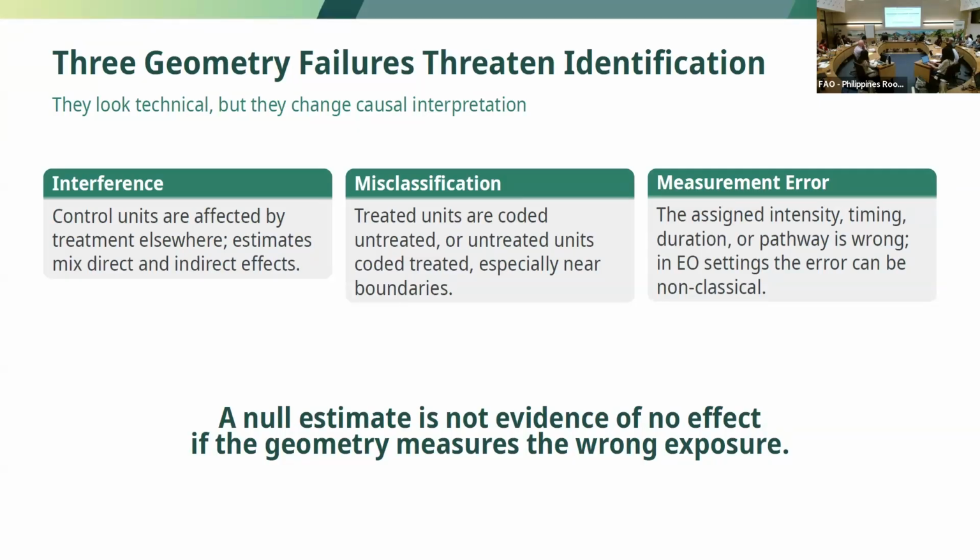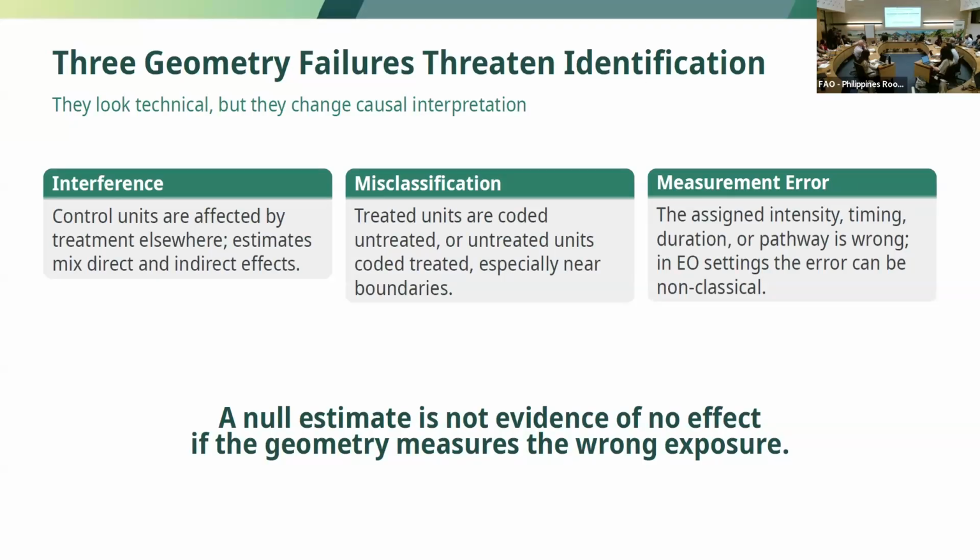If you don't have a good sense of the data generating process, which is what Eleanor's presentation was about, if you don't have a good sense of what the uncertainty is within the geospatial data, you can end up misclassifying treated and untreated fairly easily. You won't even know it. Misclassification is distinct from measurement error. Measurement error is something that as economists we think about a lot.